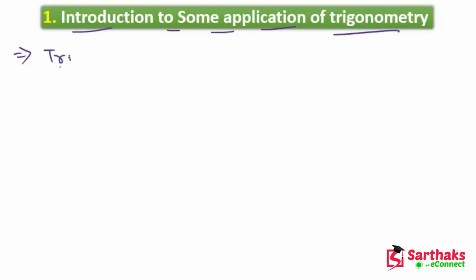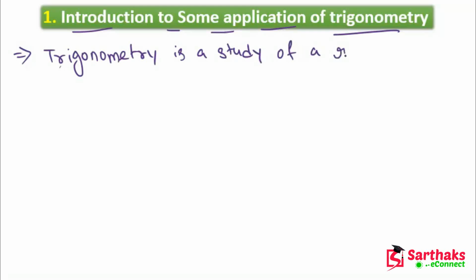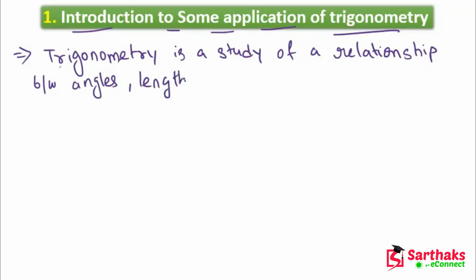Trigonometry is a study of the relationship between angles, lengths, and heights.